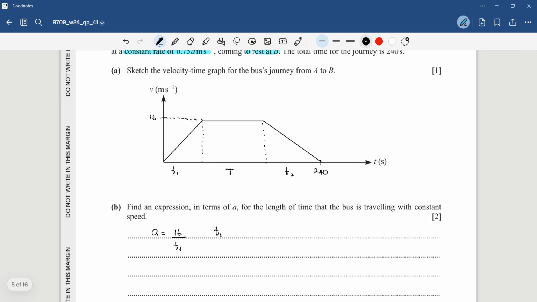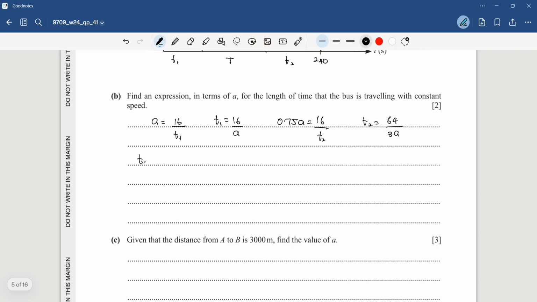Therefore, T1 equals 16 over A. Similarly, 0.75A is equivalent to 16 over T2. Okay, so my T2 will be 64 over 3A.